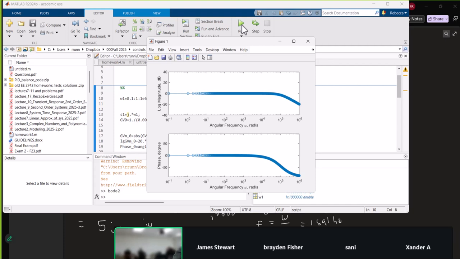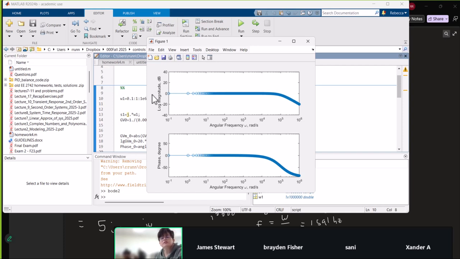Yes, this is a low pass filter, letting the low frequencies pass through. It says low pass filter again, so that's why I was pretty sure I was right.